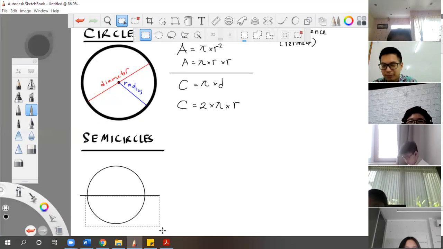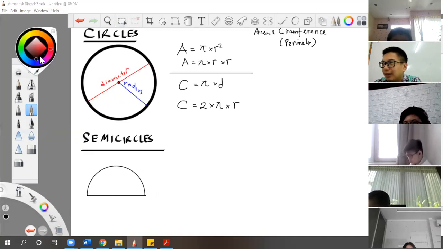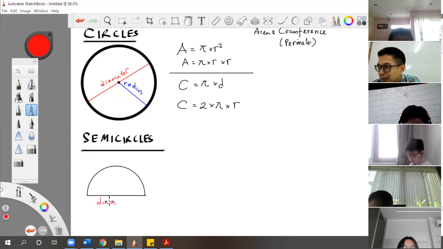You can delete either the bottom or top, up to you. This is the semicircle, and we also have the same features. The radius is still the same, and the diameter is still the same. This is the diameter, and the radius will be here.